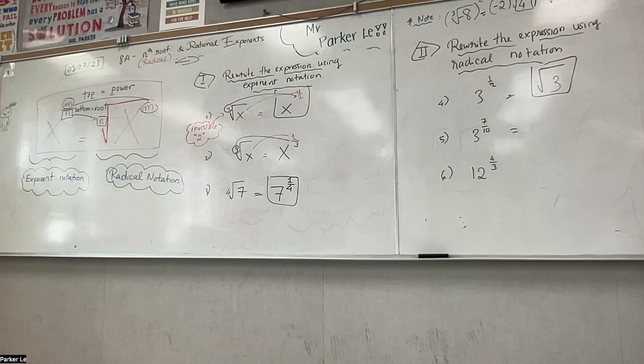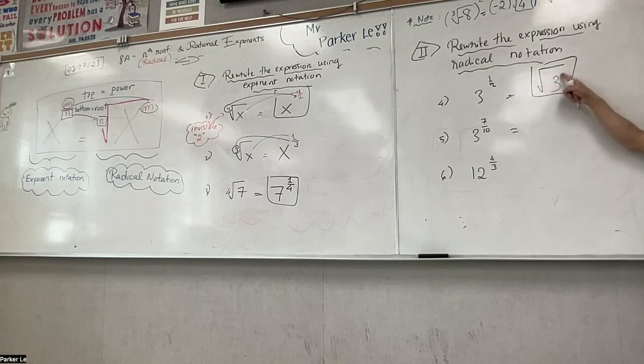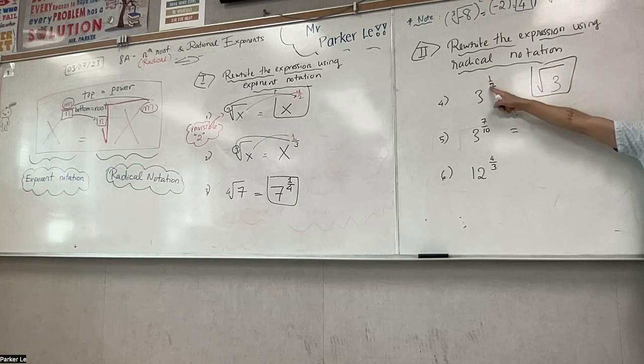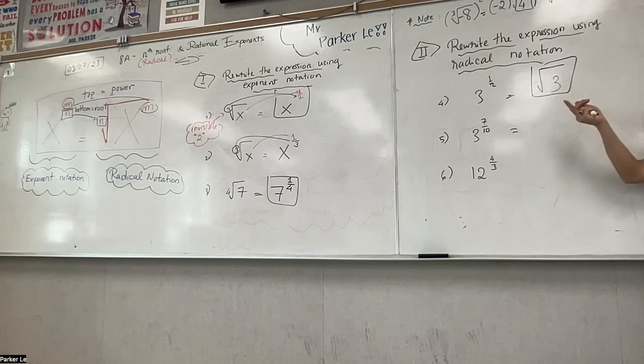Basically, that's easy, because it's power 1. 3 to the power 1. Do you need to write power 1? No, right? Then you have the bottom. The bottom is the square root, right? That means the power of the root is 2. But usually we don't need to write 2. They know that this is square root. You can still write it, but it's not necessary, because when there's no number, they automatically know this is square root.